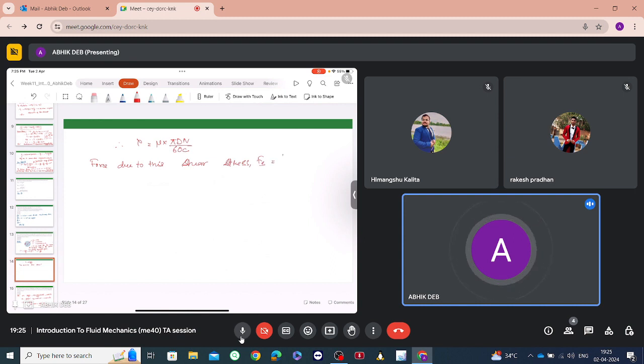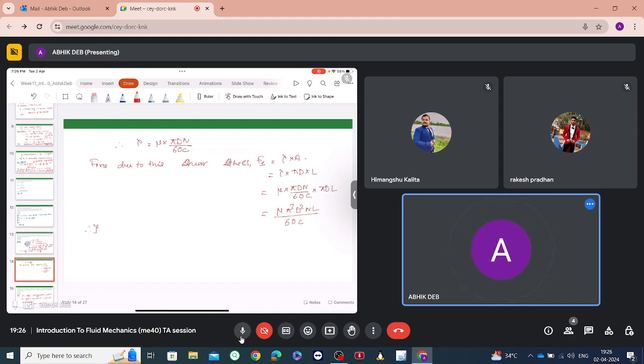Fs is equal to tau into area, that is tau into pi d into L. So this is mu into pi dn by 60 c into pi dL. So it is mu pi square d square nL by 60 c.